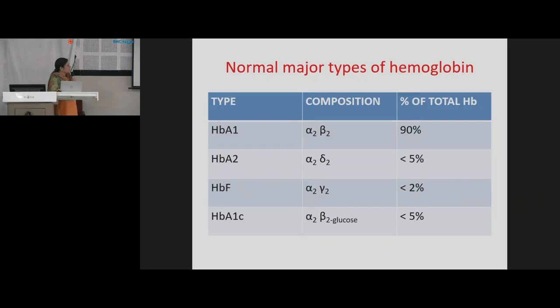It contains alpha 2 gamma 2. And this is glycosylated hemoglobin, which is helpful to see the prognosis of a diabetes mellitus patient. Its normal level is less than 5%.